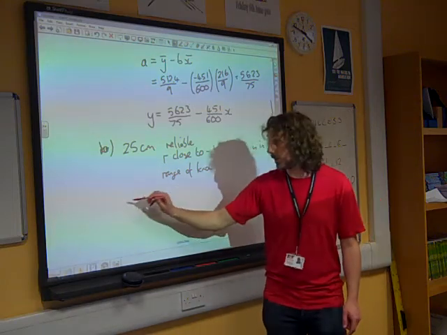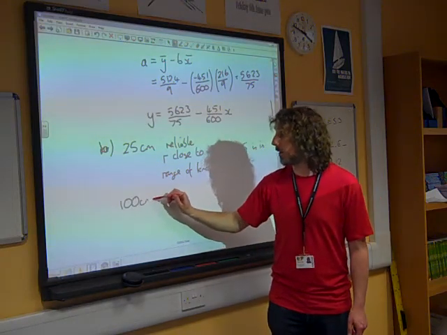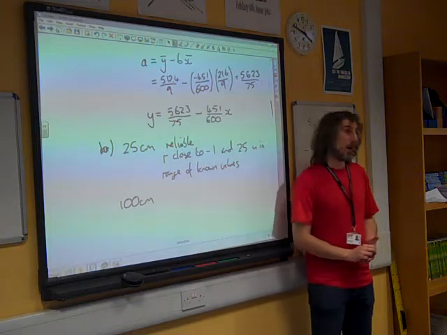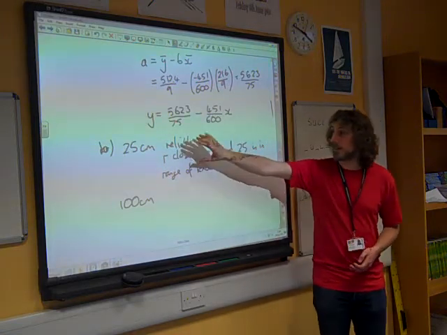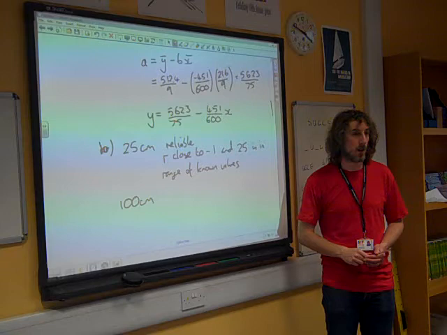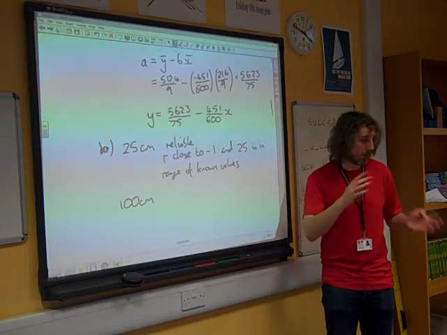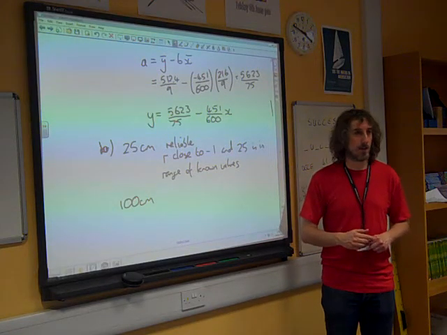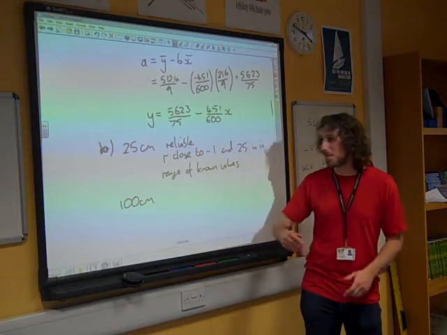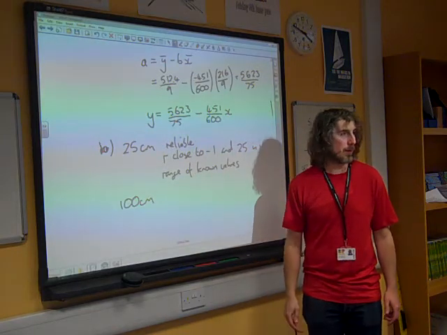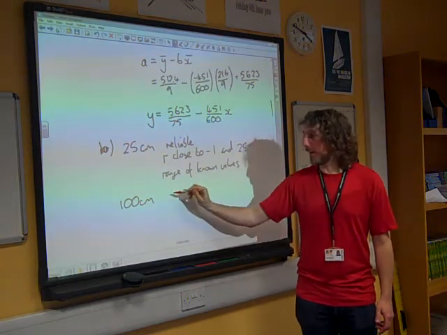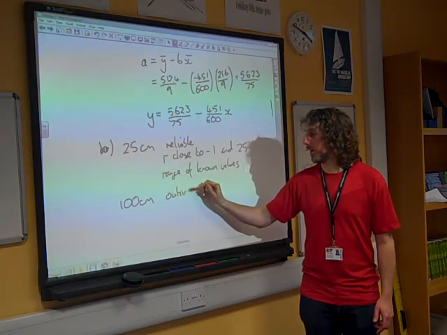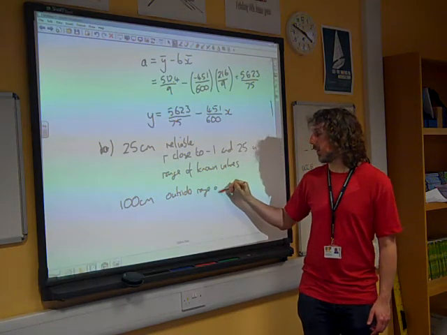The second one, 100 centimetres. Well, that first bit, r being close to -1, is now outweighed by the other factor, which is that we're miles away from the data we know about. It's outside the range of known values.